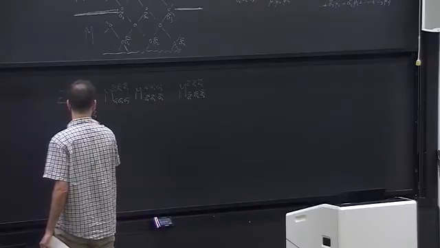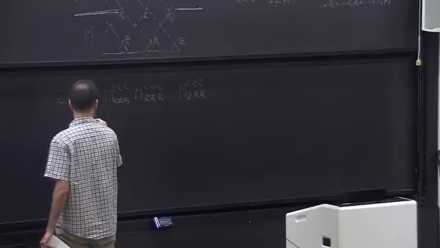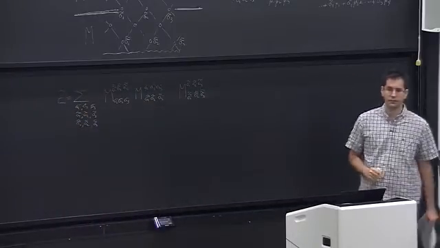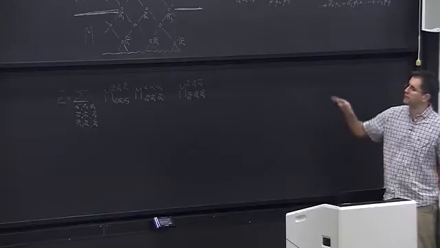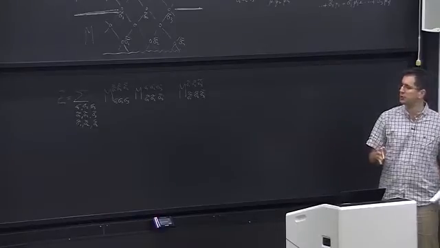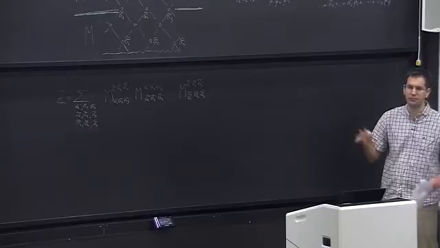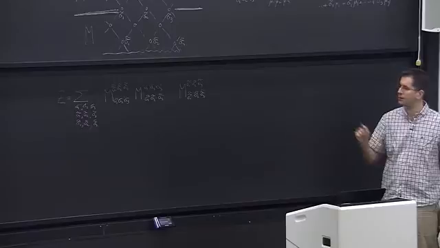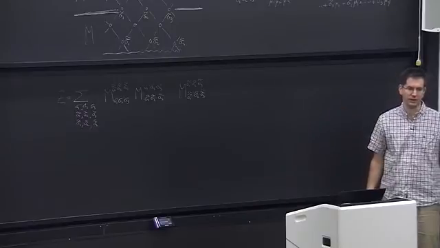Okay? Is it clear that this is the partition function? What we've done is we've made a partial sum over the mu's. So we wanted to compute the sum over all spins, and we made the partial sum first over the mu's, and now we're summing over the remaining variables.